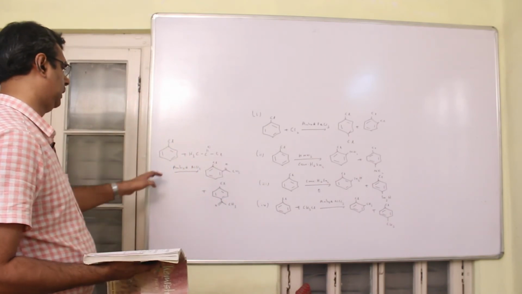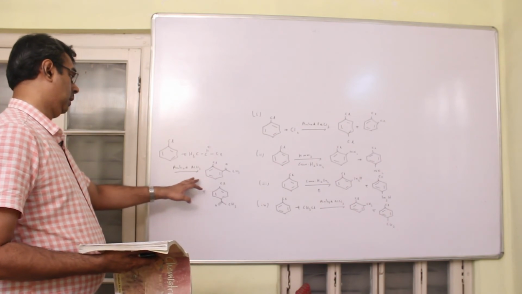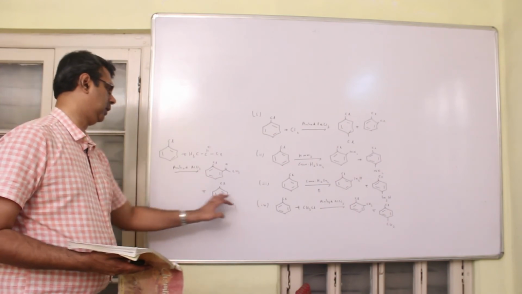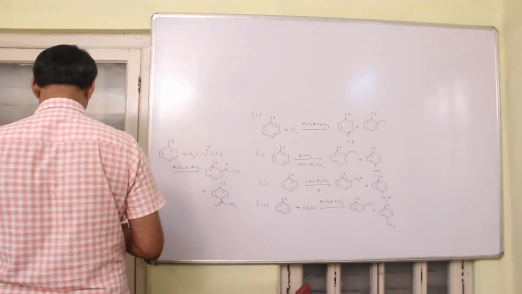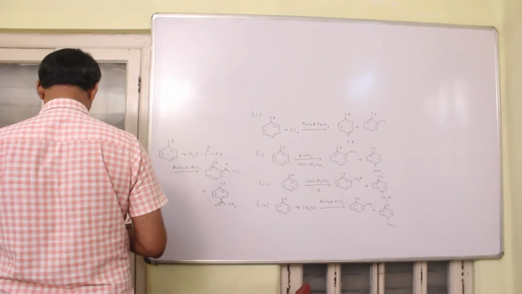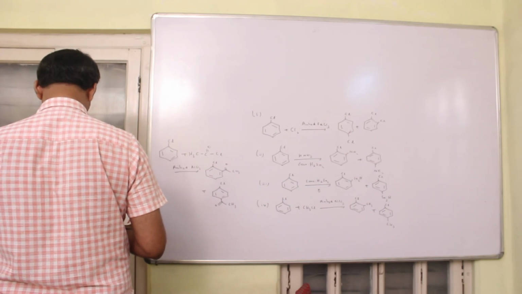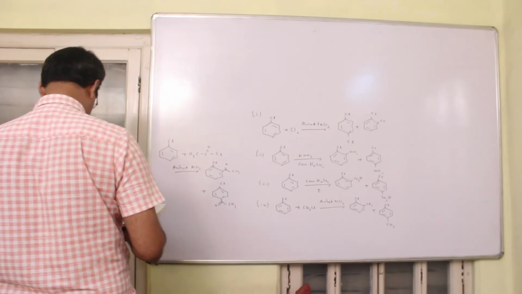So Friedel-Crafts alkylation and Friedel-Crafts acylation. So these are all examples of electrophilic substitution.